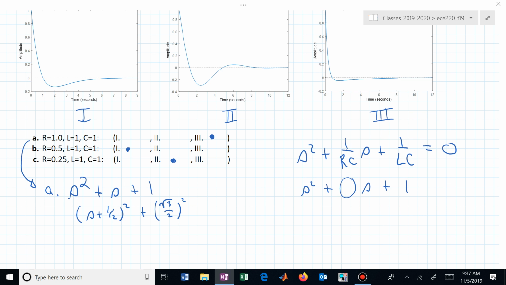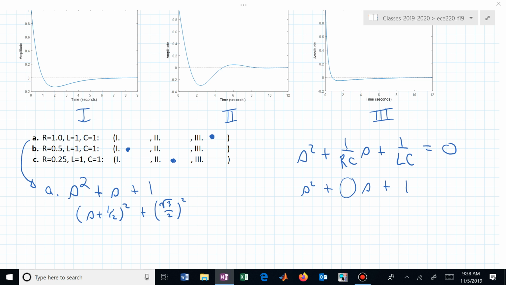Where are the roots of that polynomial for parameter set A? Can you tell by the way I factored it? If not, you will by the end of or before exam number 4. You'll know by inspection where the poles are, the roots of that polynomial, if I give you that factored form. The real part of those roots is at minus 1/2.